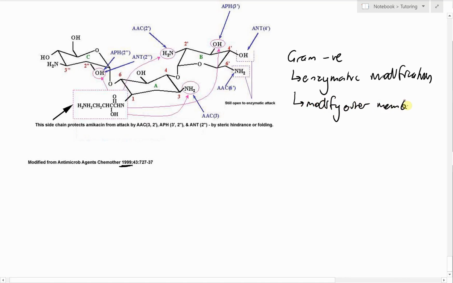And by modifying that outer membrane, again, you're stopping it coming in the first place. You can also start encoding different pumps and proteins which can actually pump it back out. So now not only is it harder for the drug to get in in the first place, but when something does eventually manage to get through that membrane, it ends up getting pumped straight back out again via a protein pump, protein channel. So this is called increased efflux, when you're able to pump out more of the drug. And obviously if you're pumping out the drug, it's not able to bind to the ribosome.